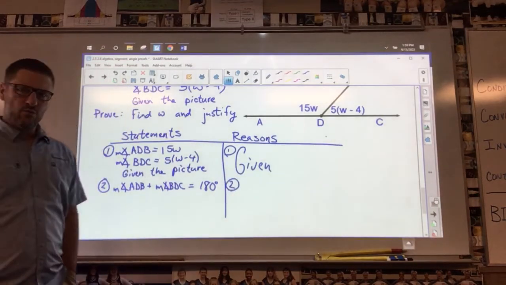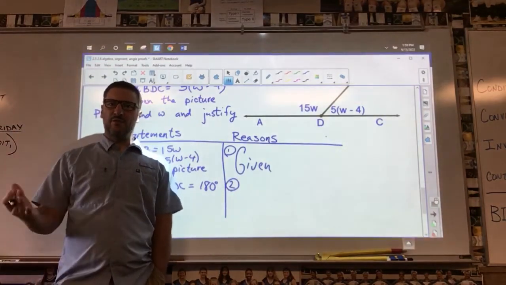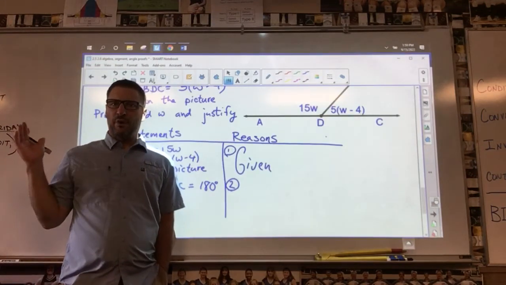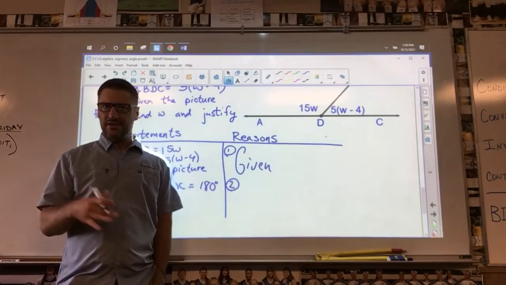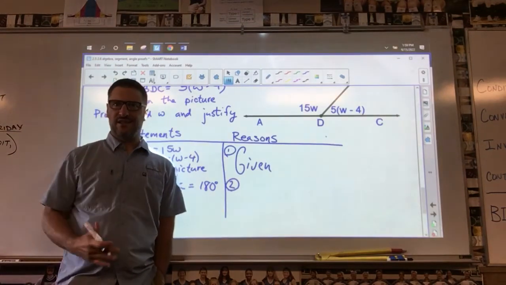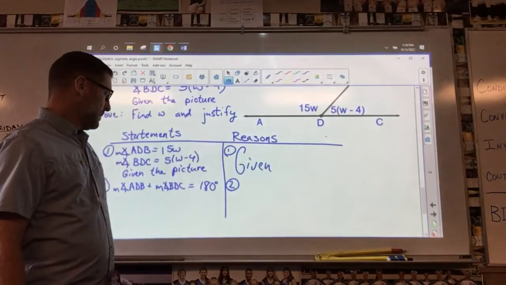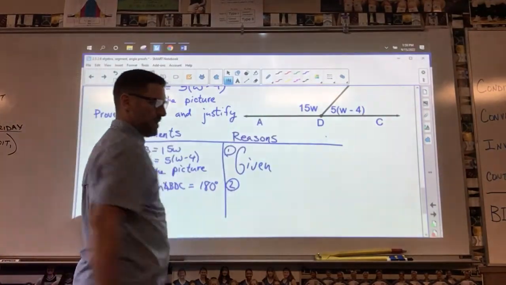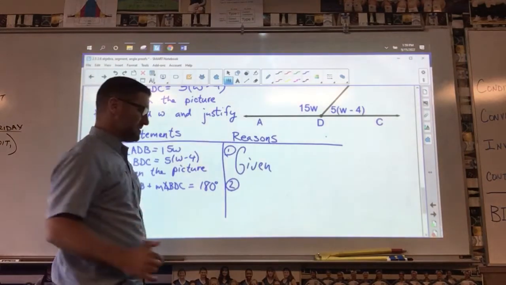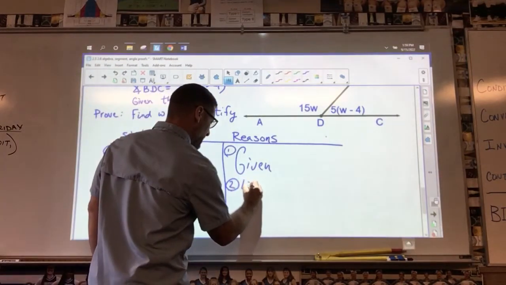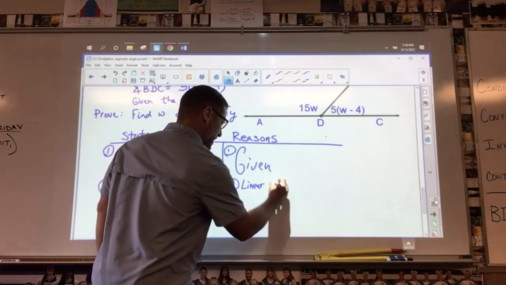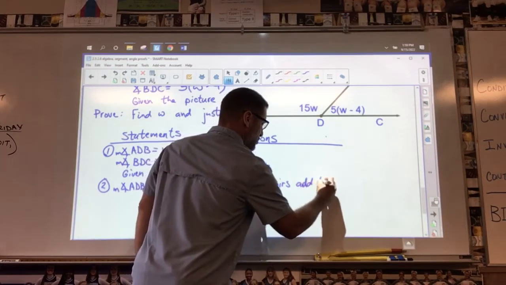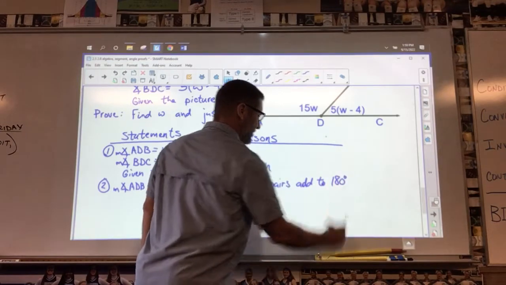And there's a rule that says that, and depending on what book publisher you have, it might say linear pair rule or linear pair postulate or some linear pair axiom. It really depends on your book publisher. Basically, the reason I was able to write this is because they are a linear pair. So I get rid of all those fancy words and I just write linear pairs add to 180 degrees.